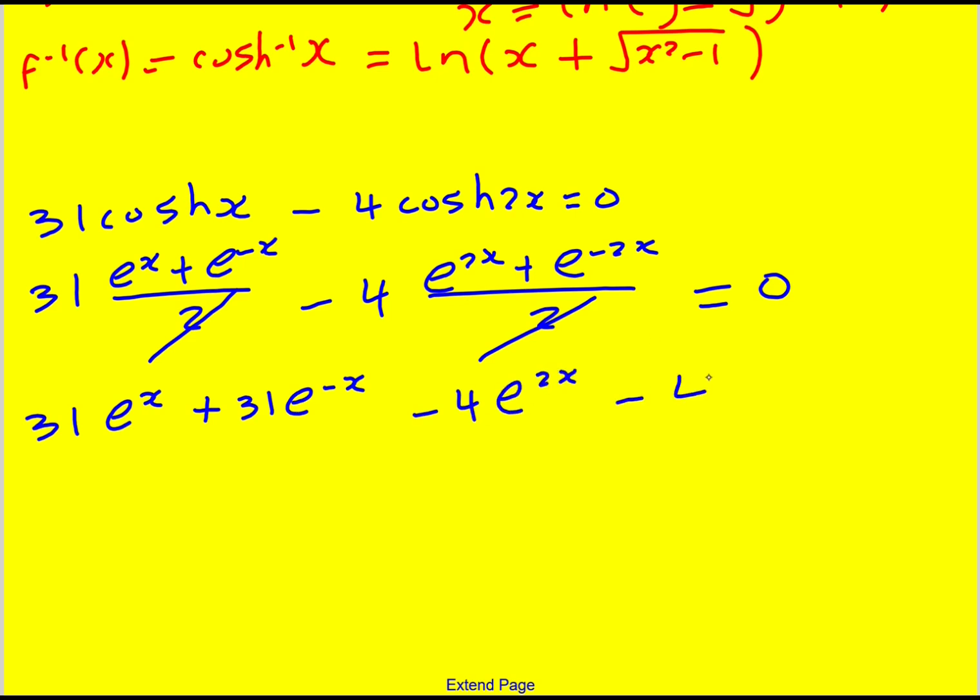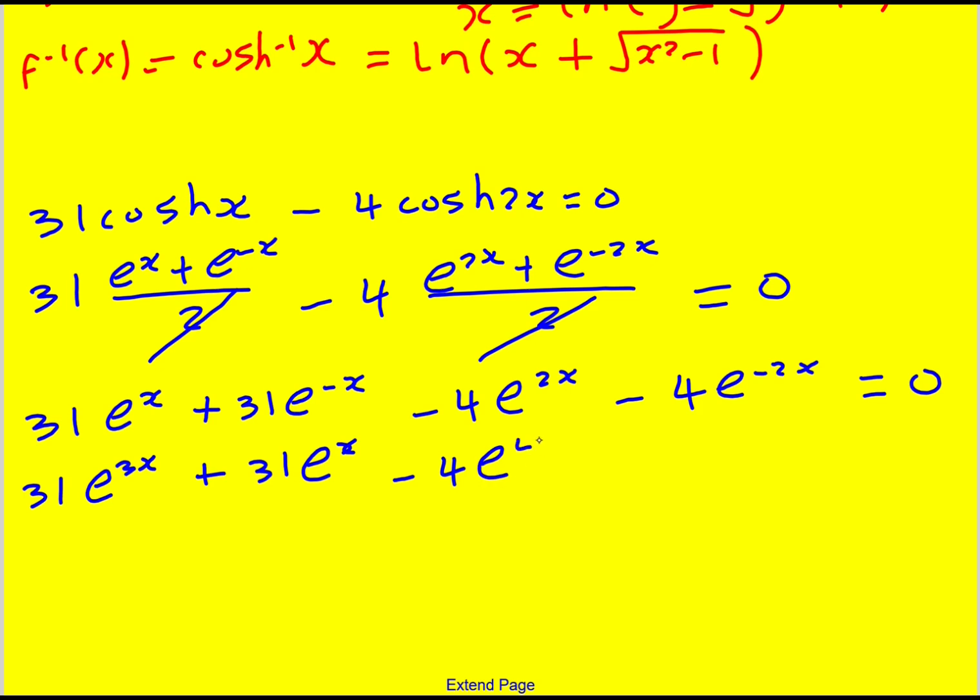Looking at this, it's not actually that obvious what to do if you haven't done it before. We've got this horrible equation, but it's actually a hidden quartic. We can times through by e to the 2x, and we'll get 31 e to the 3x plus 31 e to the x minus 4 e to the 4x minus 4 equals 0.